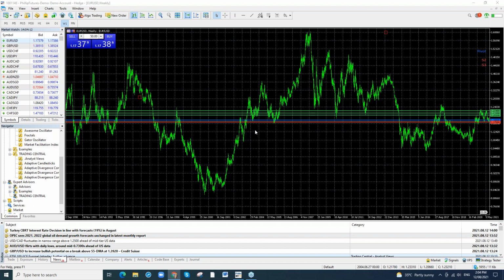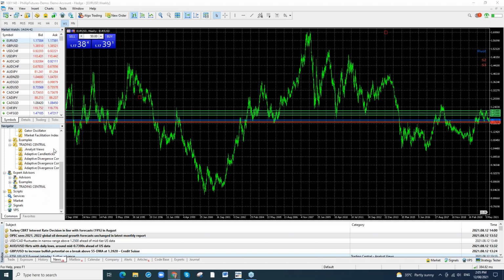Then you need to install a special plugin on your PC, and it will appear on your MT5 platform under the Navigator window, here under Indicators, and you're going to have two tabs. One is the Trading Central in the indicators, and the other one is the Trading Central in the expert advisors.